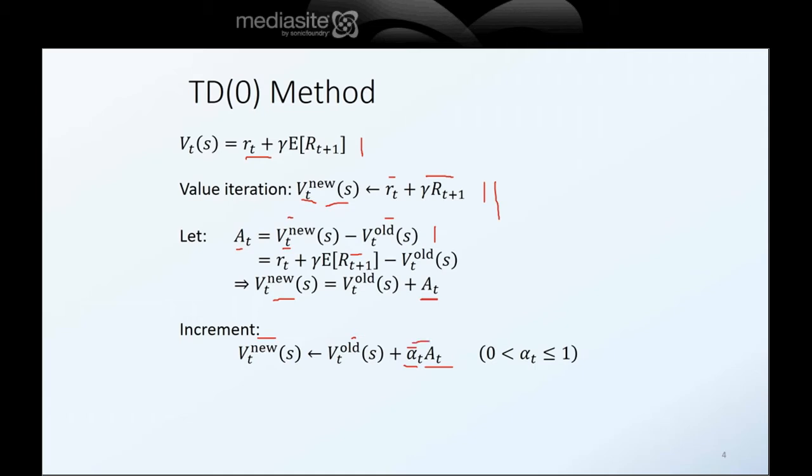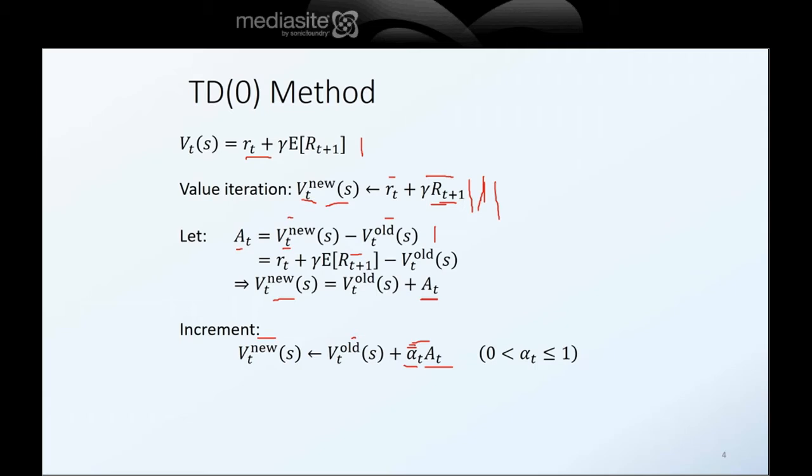Because this V_t new is only based on one transition from t to t+1. And each time you implement the action, you'll get a different reward or end up in a different state and so on. And so this is uncertain. Because of the probabilistic nature of the transitions, we should be very careful in applying the increment. So instead of applying the full increment, we apply a small amount of increment to the value.